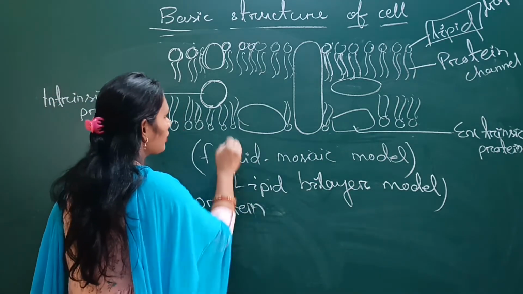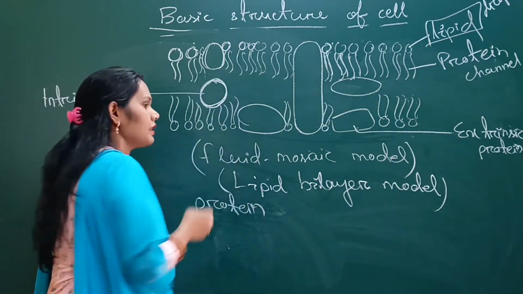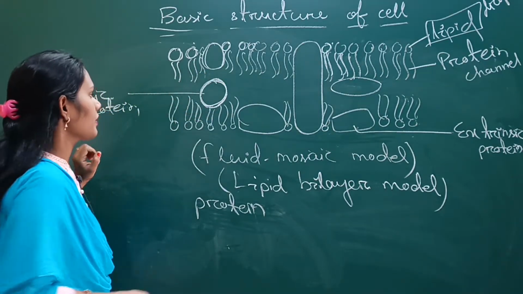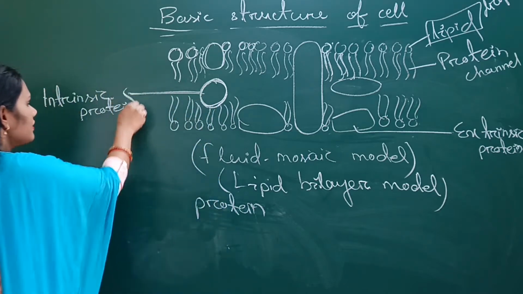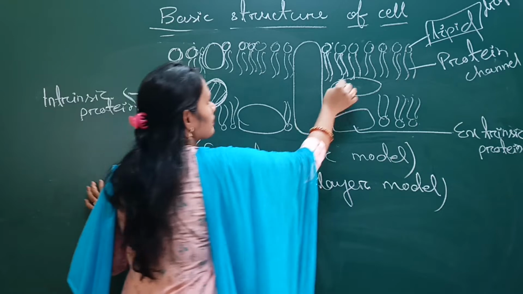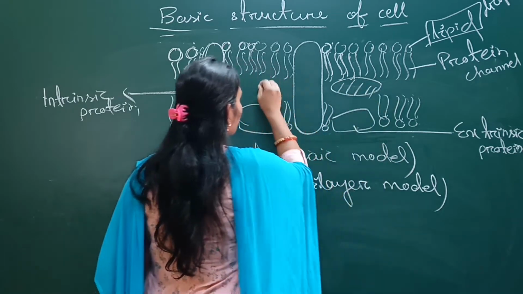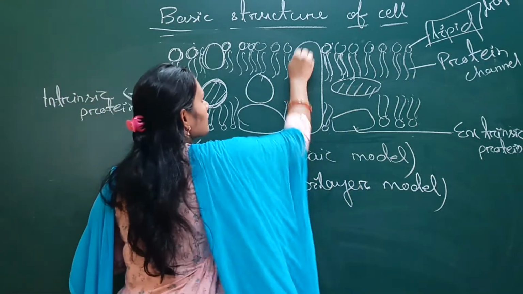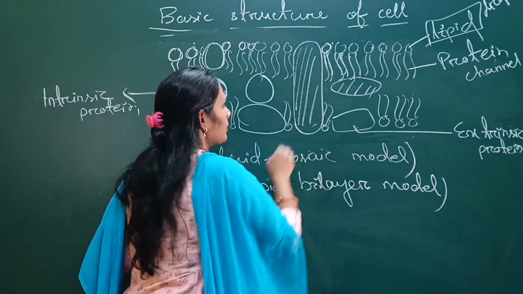The protein which is permanently embedded within the lipid bilayer model is called intrinsic protein. This is an intrinsic protein, and this is also an intrinsic protein.